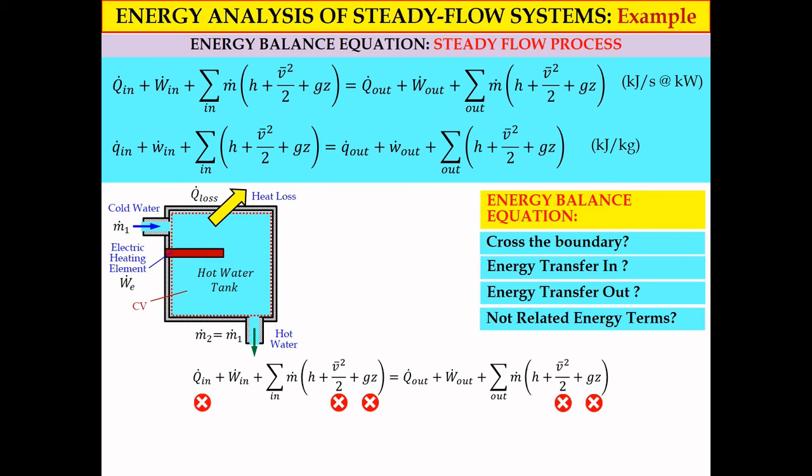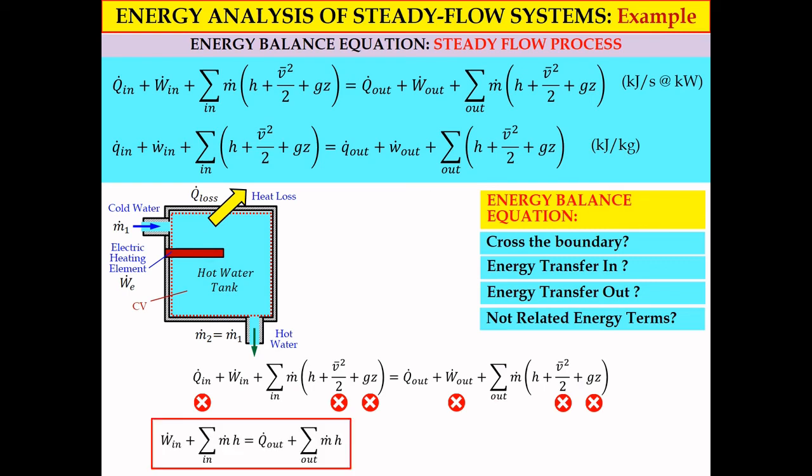By referring to this schematic diagram, we have no Q dot in and no W dot out, so the remaining terms are involved in the equation. The final equation will be W dot in plus total m dot h in equal to Q dot out plus total m dot h out. Now to be specific, by referring to the symbols of the energy used in this schematic diagram, we have the final equation for this specific system.